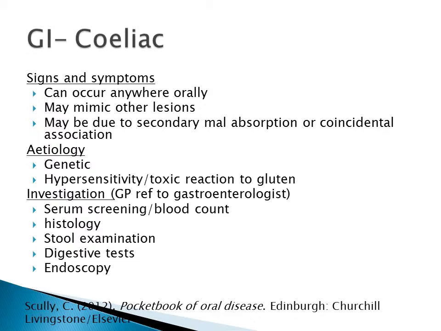Main associated conditions are Sjogren's syndrome, food sensitivities, and further investigations would include GP referral to a gastroenterologist, and they would do serum antibody screening, full blood count, stool examination, digestive absorption tests, and endoscopy. Now I hand over to James.